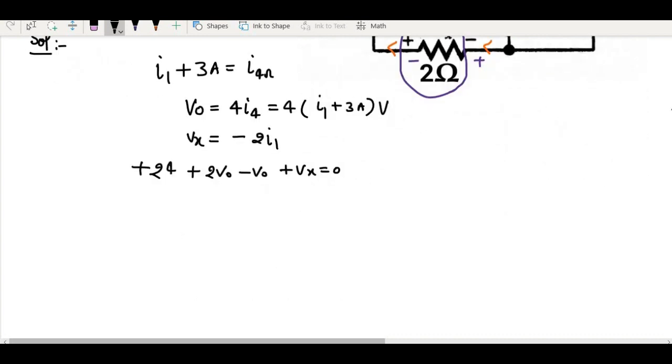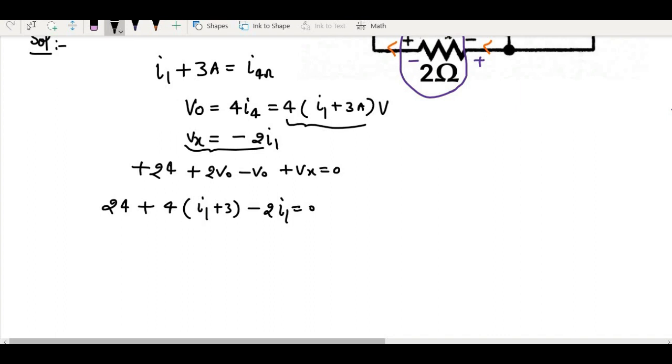Now substituting the values of Vo and Vx: 24 plus 2 Vo minus Vo is equal to Vo, which is 4 times (I1 plus 3 ampere), and Vx is minus 2 I1, equal to 0.